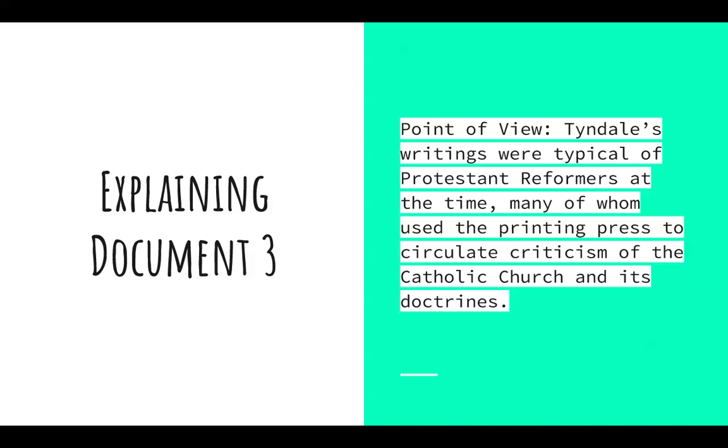You're just saying Tyndale is coming from the point of view of a Protestant reformer. Well, what are the Protestant reformers doing? Using the printing press to basically circulate their criticisms, right? To get their criticisms around, so that people know what the Catholic Church is doing wrong. So doing any one of those checks off explaining one of your documents.